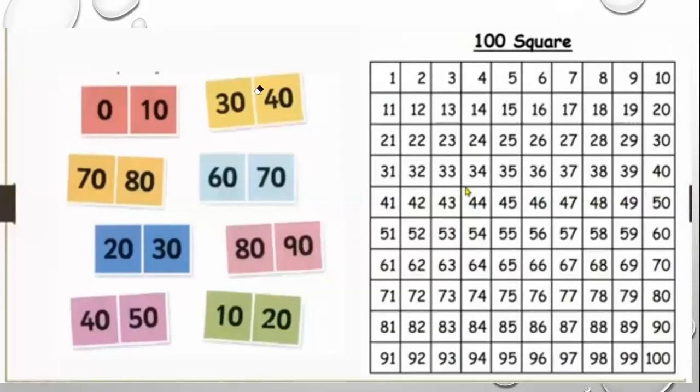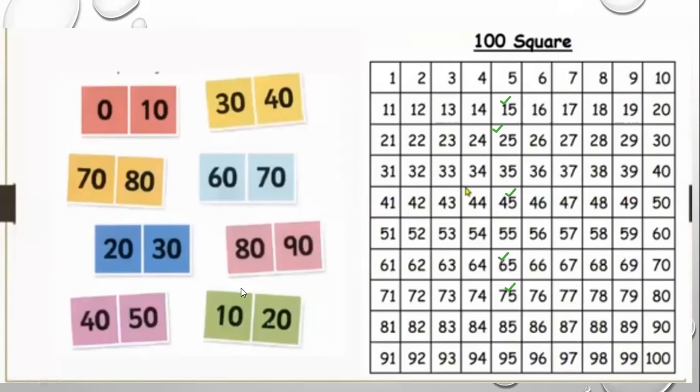The midpoint of 0 to 10 is going to be 5. 70 to 80: 71, 72, 73, 74, 75 is going to be our midpoint. 60 to 70: 60, 61, 62, 63, 64, 65 is our middle number. 20 to 30, again, it is going to be 25. 40 to 50, 45. 10 to 20, 15 is our midpoint.